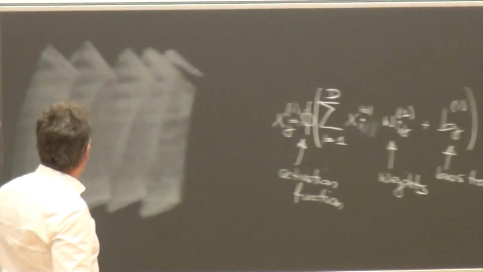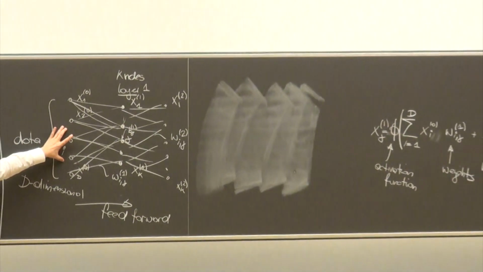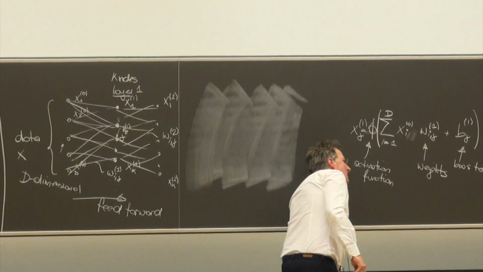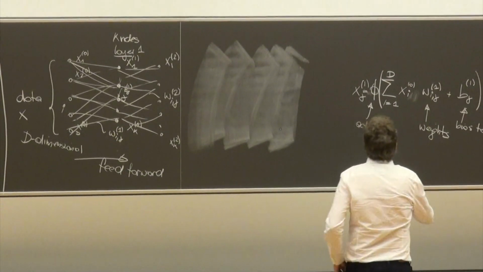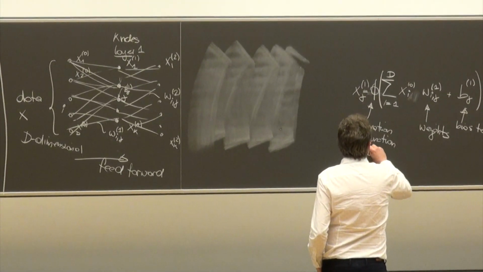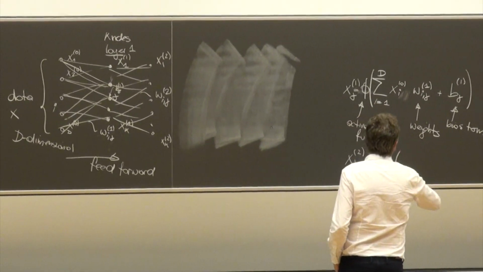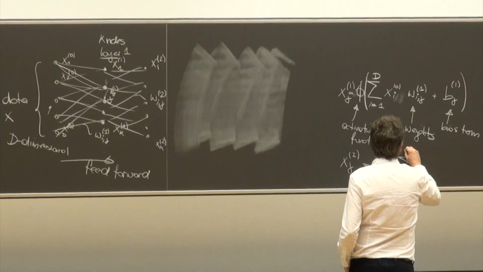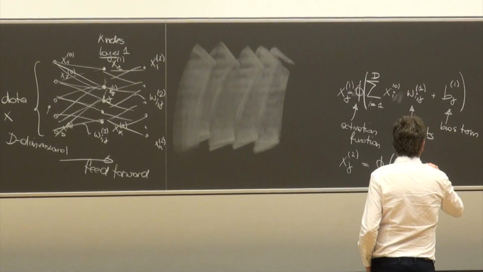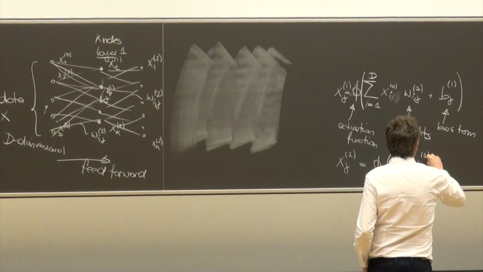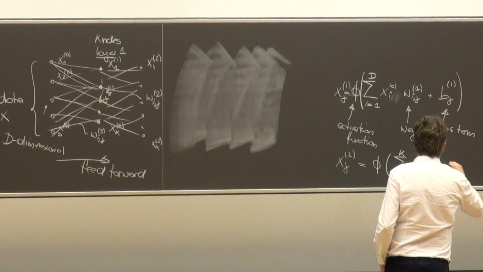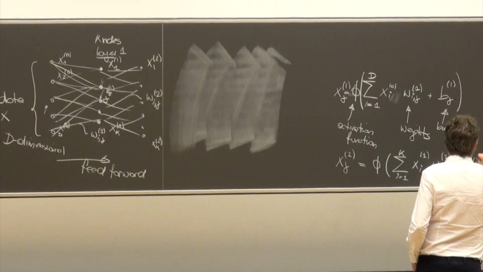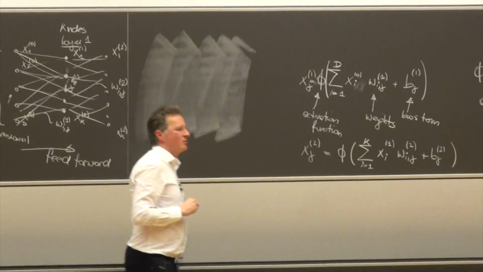The only difference is that if the input layer has width d but this one has k, the sum would now go over k. So in this case, the description would be that x_j of layer 2 is equal, again, to the activation function applied to this linear combination, but now it goes over k, x_i of level 1, times all the weights going from i to j of level 2, plus whatever bias term you have.